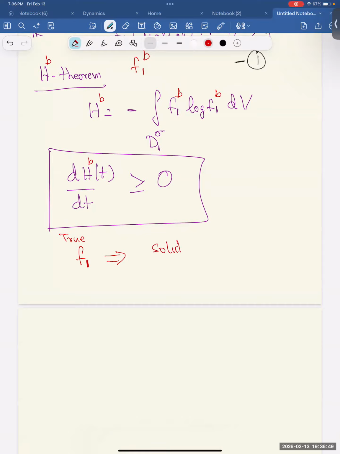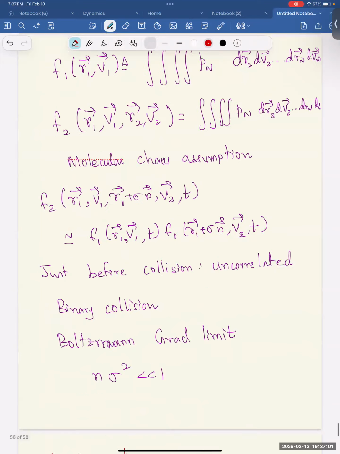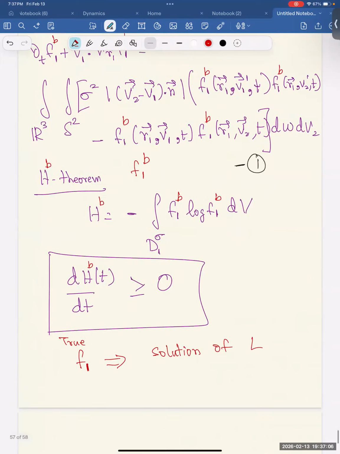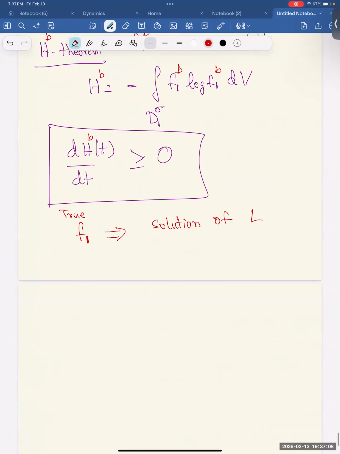First you solve the Liouville PDE, which I'll just call equation L, the Liouville PDE that we saw. If you solve that equation, you get Pn, and then if you marginalize Pn, you get F1. I'll call it F1L.